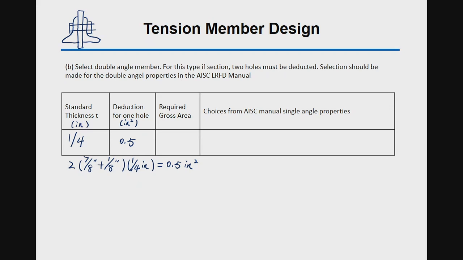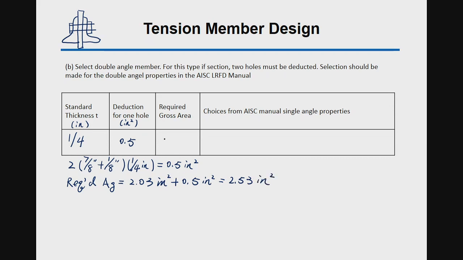Okay. And the required Ag is equal to 2.303 square inches plus 0.5 square inches equals 2.53 square inches.